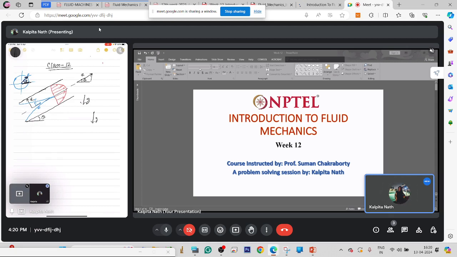This is g, this is theta, this is g cos theta, and this is g sin theta. So the body force in the direction of R, this direction is R and this direction is Z, will be minus g cos theta obviously, and in the direction of Z it is minus g sin theta.